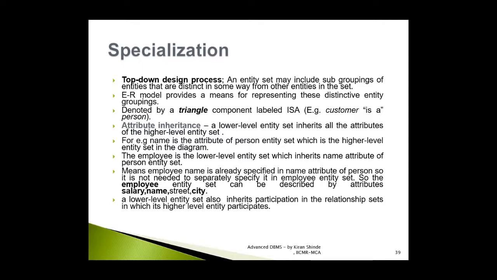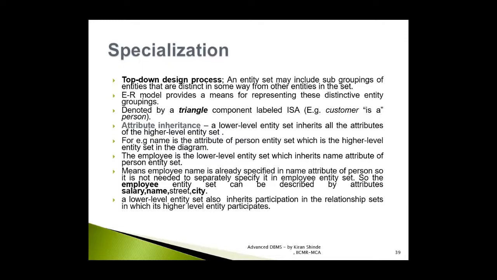A lower level entity set also inherits participation in the relationship sets in which its higher level entity participates. It means whatever relationship set the higher level entity set participates in, the lower level entity set also inherits that participation. If you remember, in one of the last video sessions, we discussed the descriptive attribute of a relationship set.